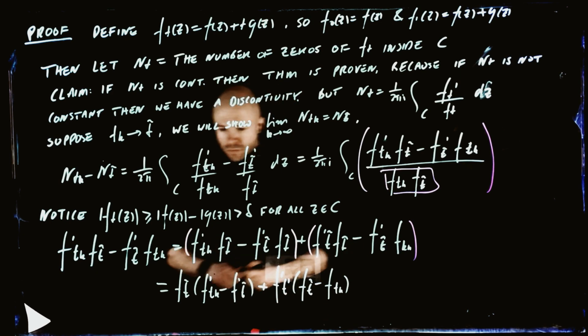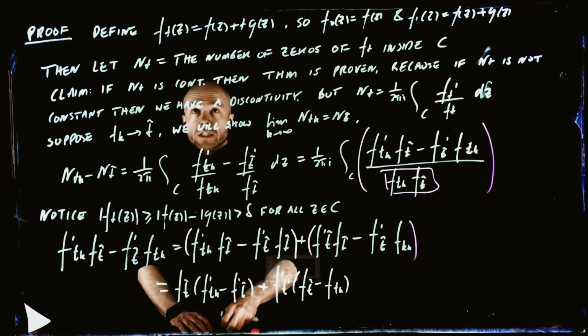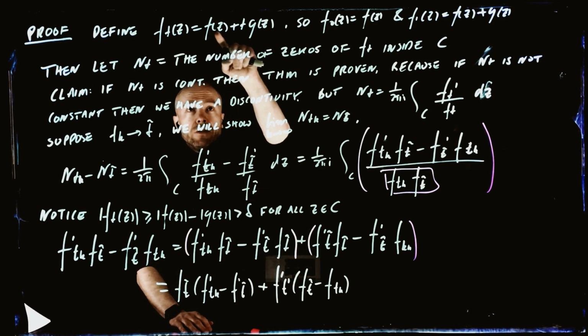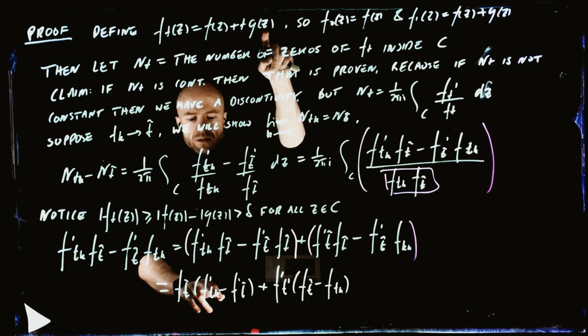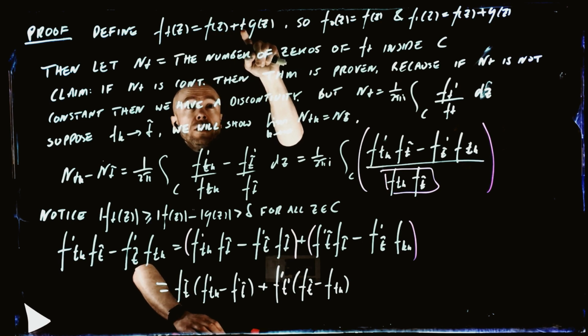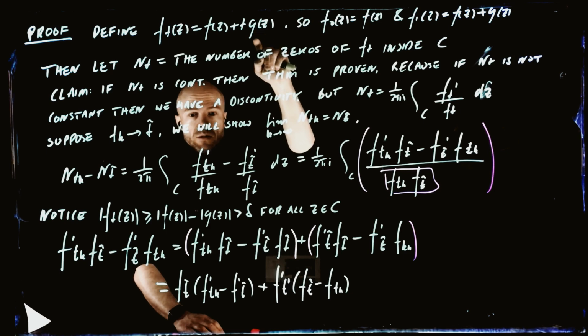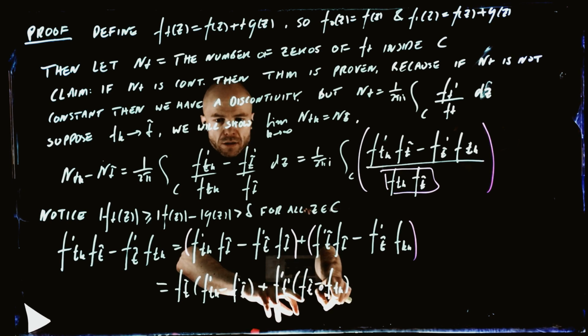And then if we look at this, then these guys are tending to 0, just by the way we set this up, right? If we take the derivative of this thing, then as tk goes to t, f prime of tk plus g prime is going to tend to f prime of t tilde plus g prime. So this thing goes to 0, and this thing also goes to 0.